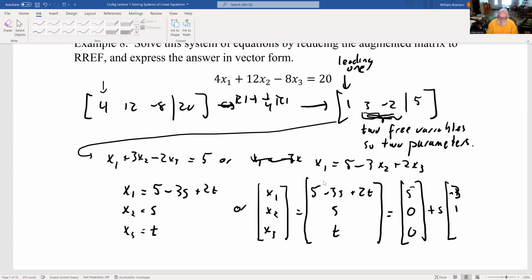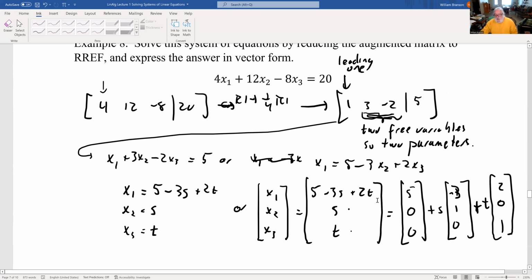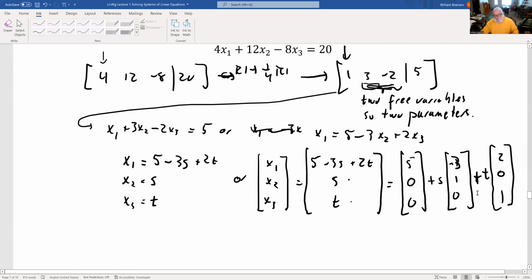Oops, minus 3, 1, 0. And then plus t, 2 t's here, 0 t's in the middle, 1 t at the bottom. And so there's our solutions. Every pair of numbers that you choose for s and t produces another solution. So we have infinitely many solutions here.